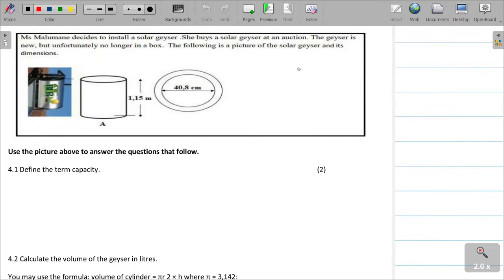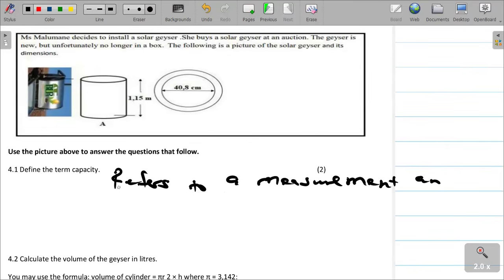It refers to a measurement of what an object can contain or carry.